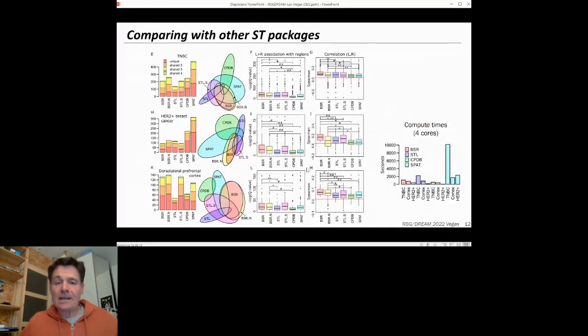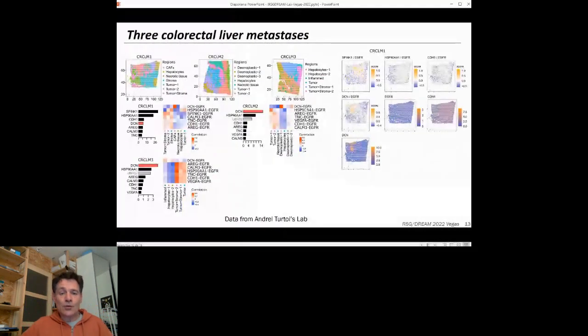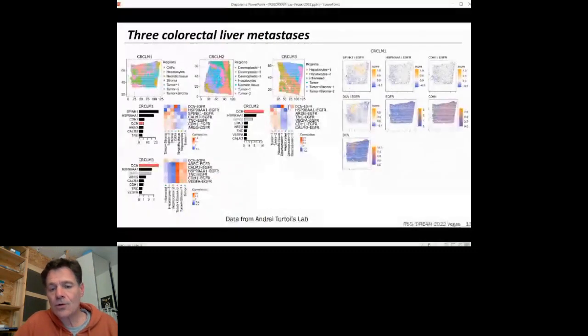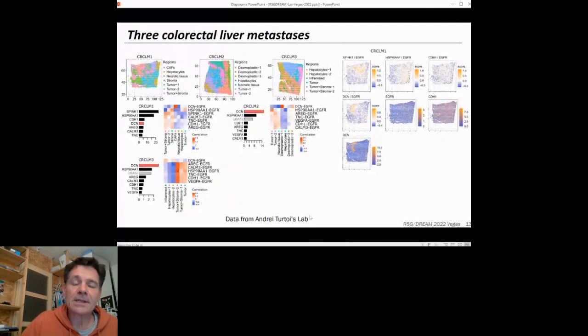Okay. One last example to show reproducibility and coherence in the data. With our colleague, Andrei Tortoy, we generated spatial data for colorectal liver metastasis, which we analyzed with this tool. And here you see 3 different tumors with very different structures, more or less desmoplastic reactions.